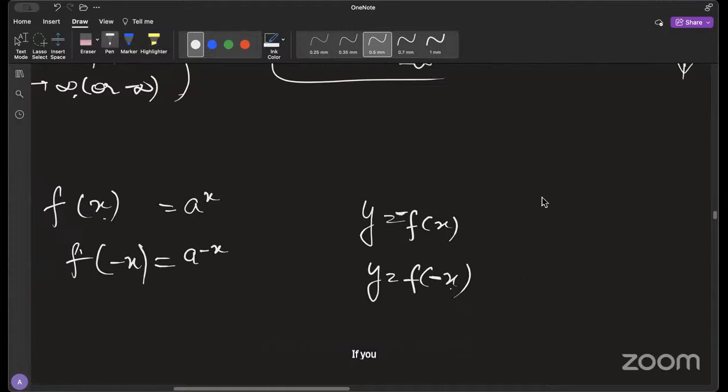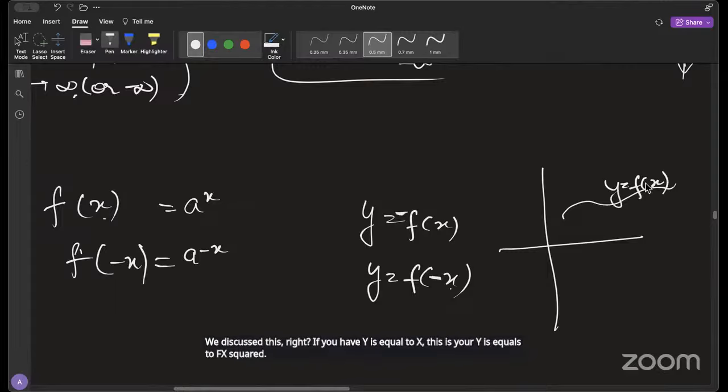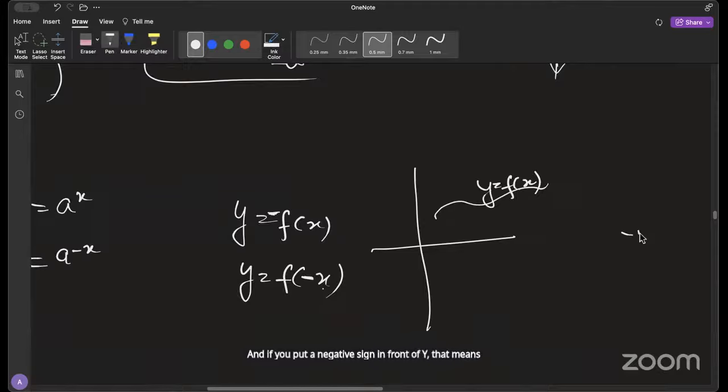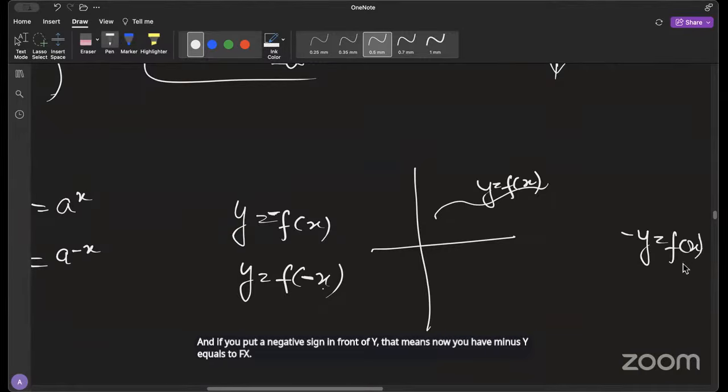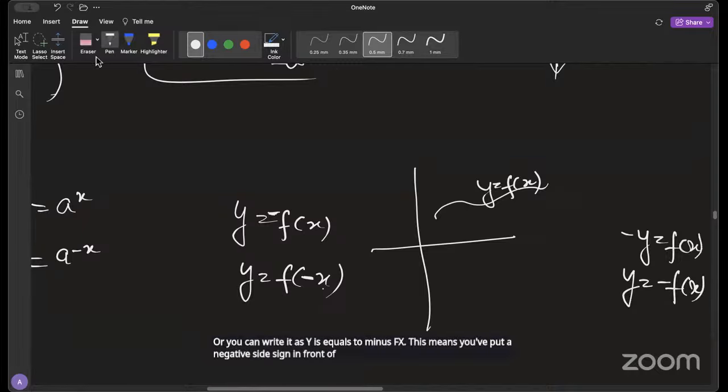If you have y equals f(x), we discussed this, right? If this is your y equals f(x) curve, and you put a negative sign in front of y, that means now you have minus y equals f(x), or you can write it as y equals minus f(x). This means you put a negative sign in front of y, right?